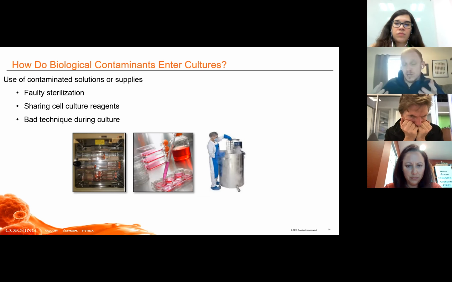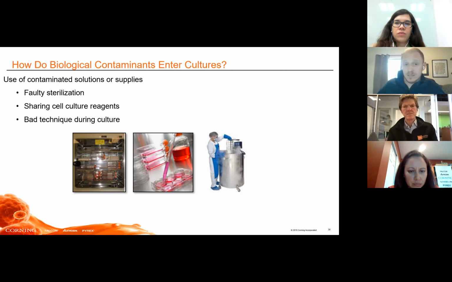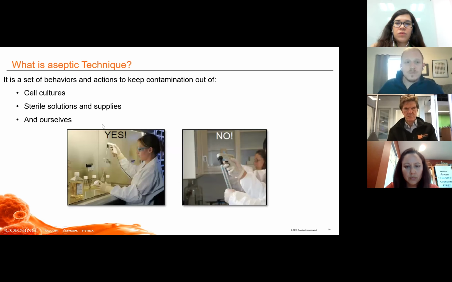For an autoclave sterilization to work properly, the steam actually has to get into all of the areas of the item that is being autoclaved. One of the advantages of buying things from suppliers like Corning is that many of our products are already sterile, and you don't have to worry about sterilizing them yourself and having a robust process for doing that. Some of the other sources are sharing cell culture reagents, and lastly, bad technique during cell culture.